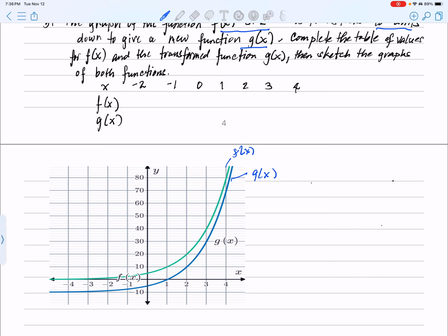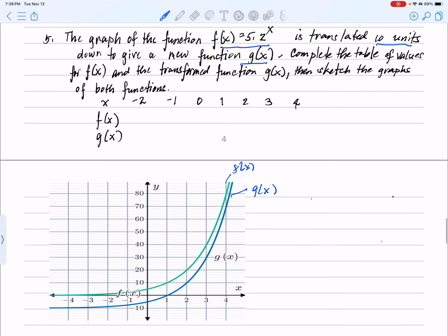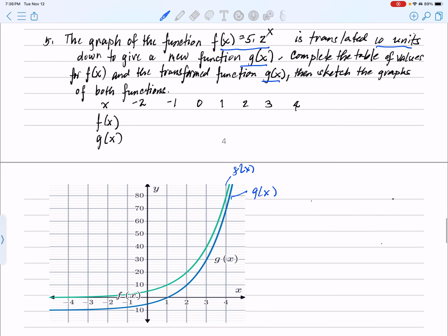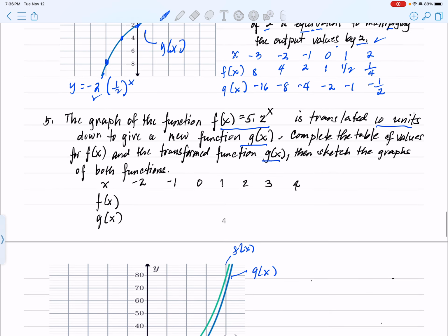All right. Complete the table of values. f of x is transformed into g of x, then sketch the graph. If x is negative 2, we get 5 times 2 to the negative 2.